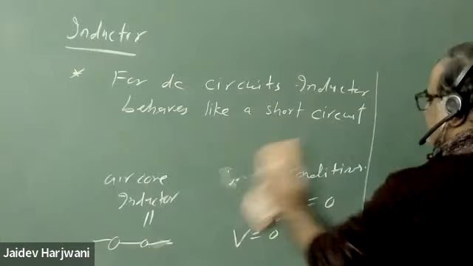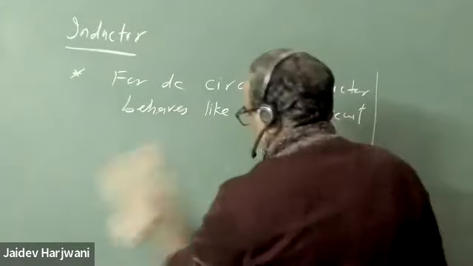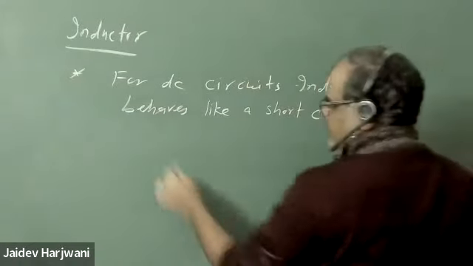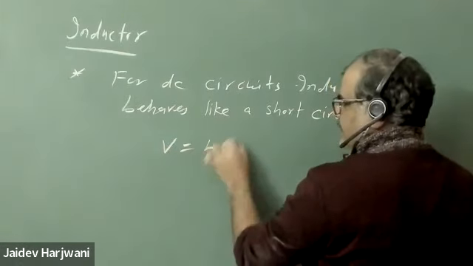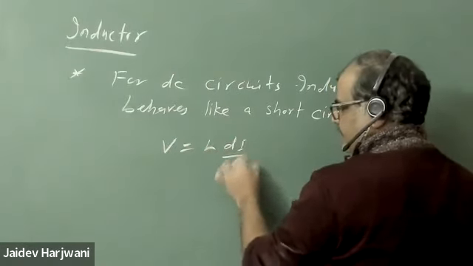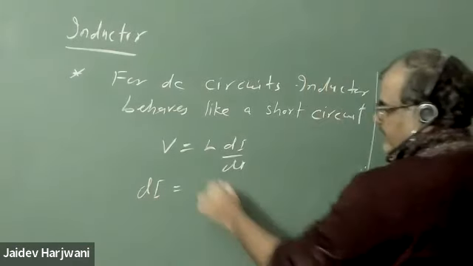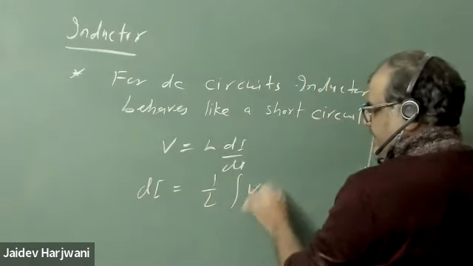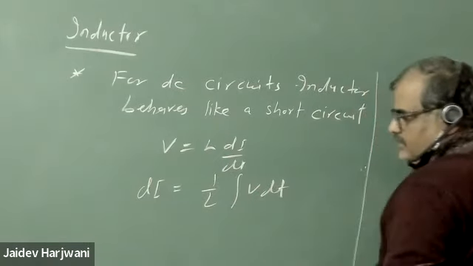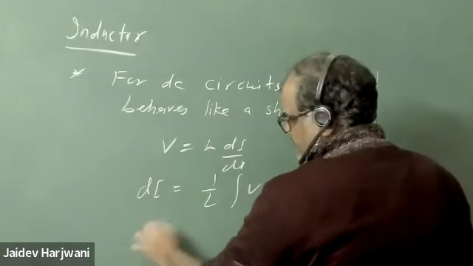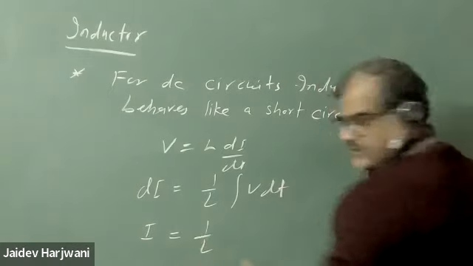Now I know V equals L di by dt. So if I want to find the current, the current will be 1 by L integral of V dt. If I want to calculate the total current, similar to a capacitor, an inductor also has a memory.